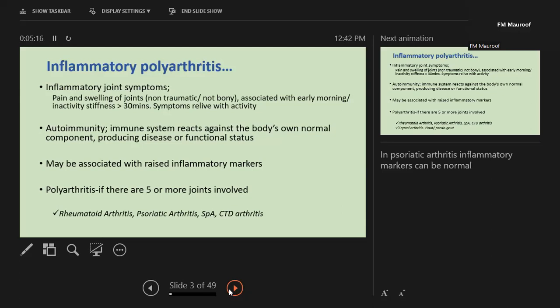Examples include rheumatoid arthritis, psoriatic arthritis, and we all know about peripheral spondyloarthritis and connective tissue disease associated arthritis. And even in crystal arthritis like gout, people might come up with polyarthritis, but remember, it's not of autoimmune basis.